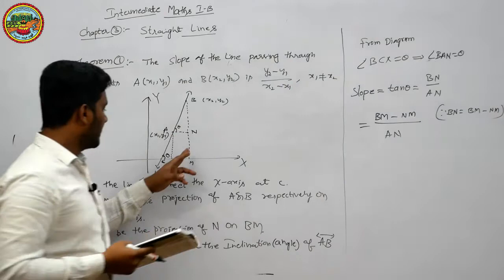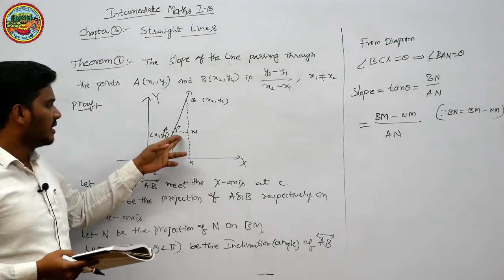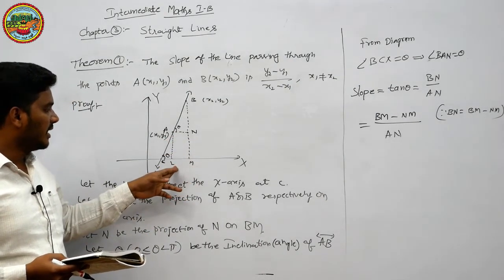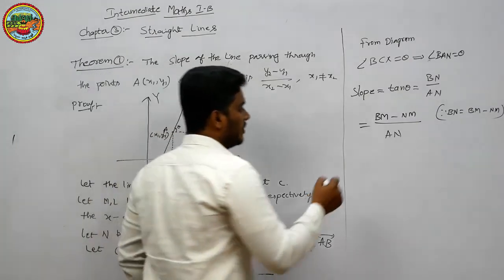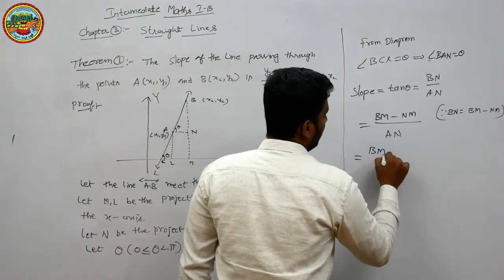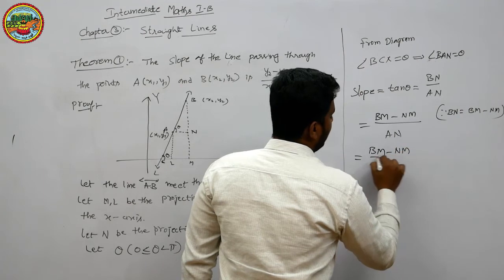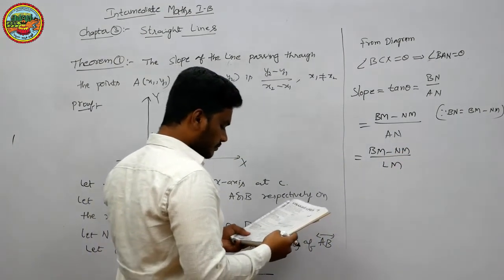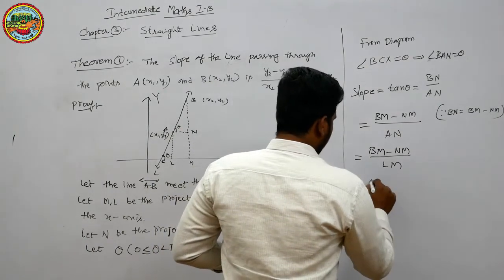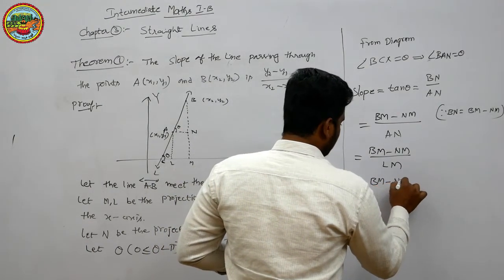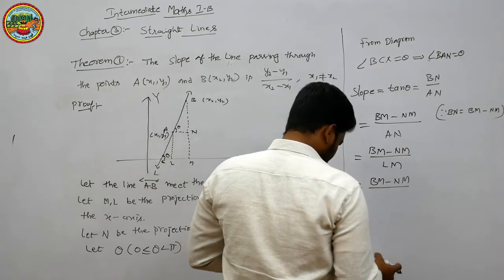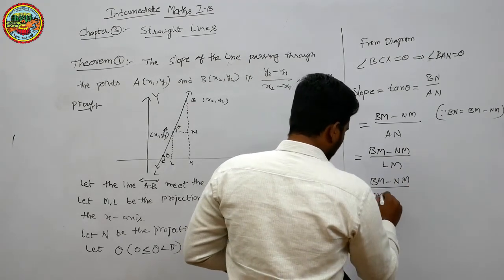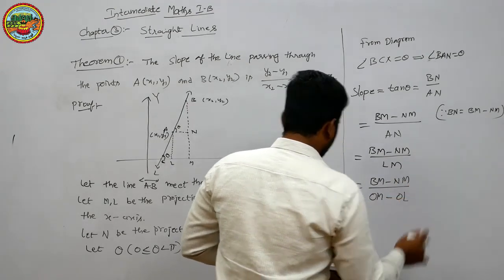We can write AN as LM, because AN is parallel to LM. So it is (BM minus NM) by LM. LM can be written as OM minus OL.